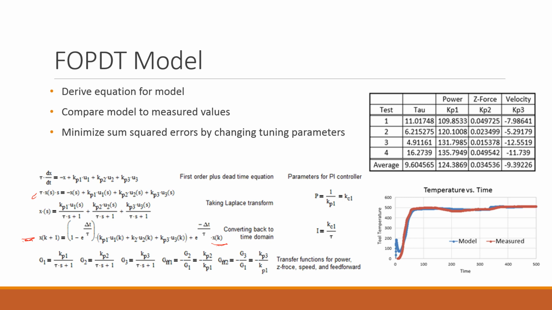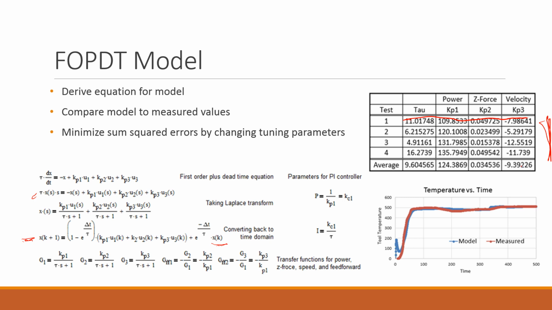And so from there we used a solver, and we solved for these variables in order to minimize the sum squared error between the measured and model values, and found these four different sets of KPs and taus, one for each test. And so from there we took the average of each one, and we actually found that they were quite close.